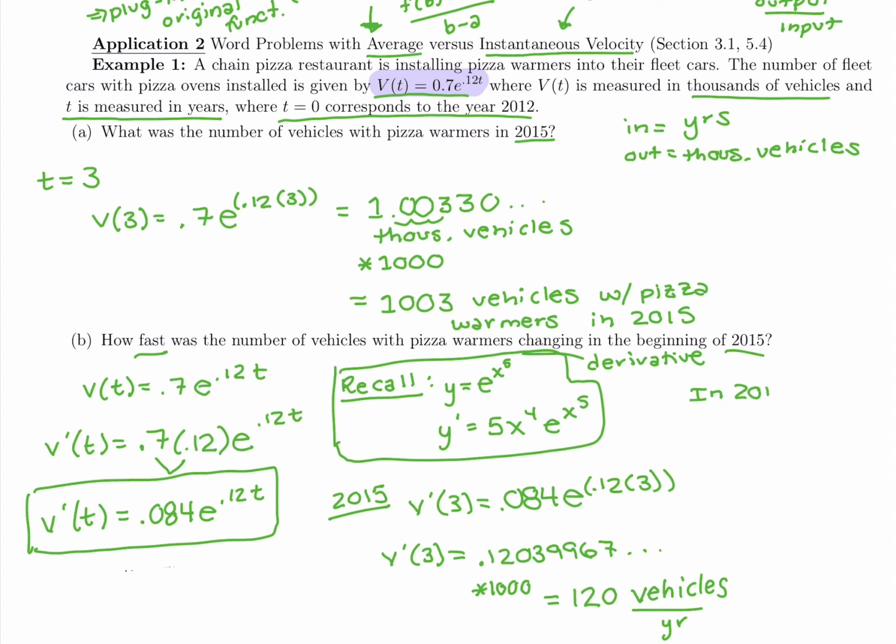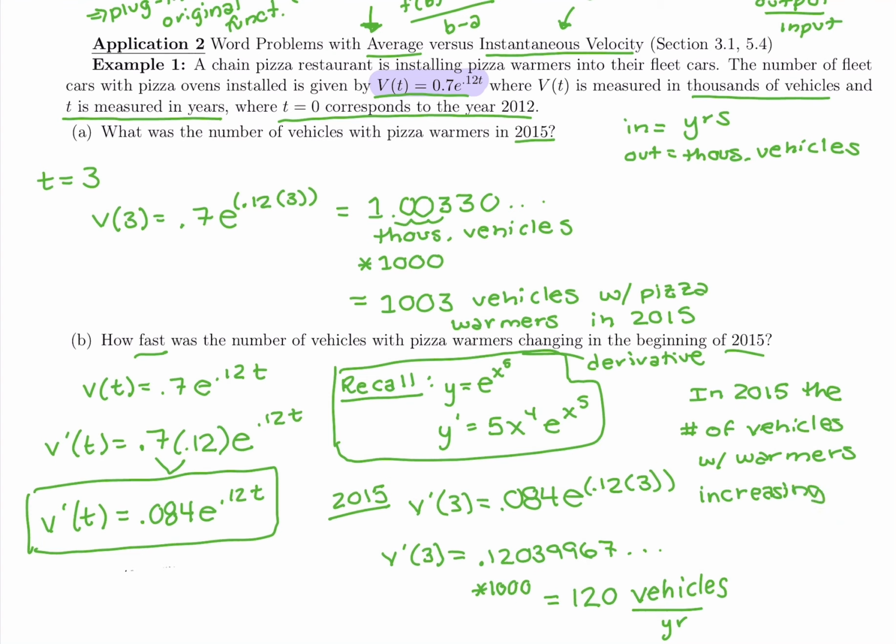So what's happening in 2015, the number of vehicles with warmers is doing what? Is it increasing or decreasing if we got a positive 120 for our answer? There's our slope at that instant. Positive slope means it's increasing.